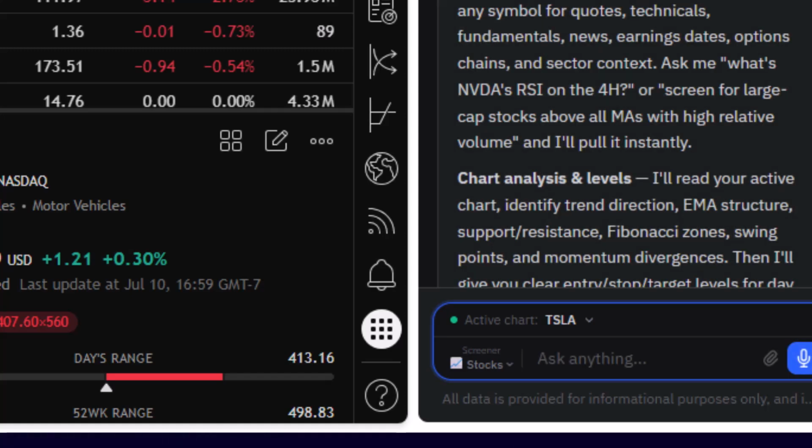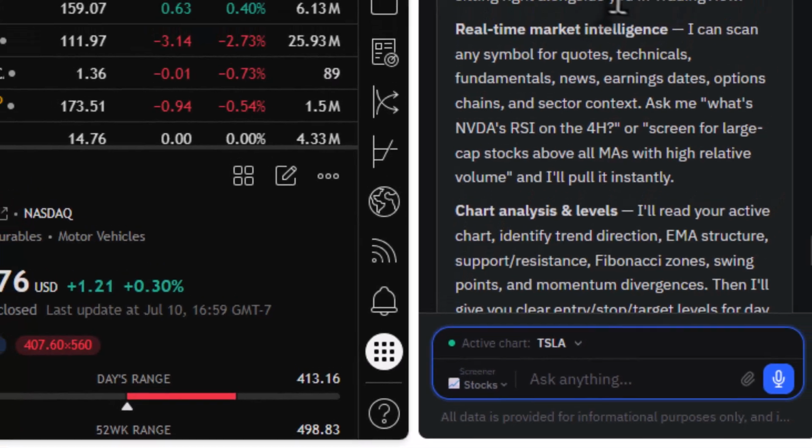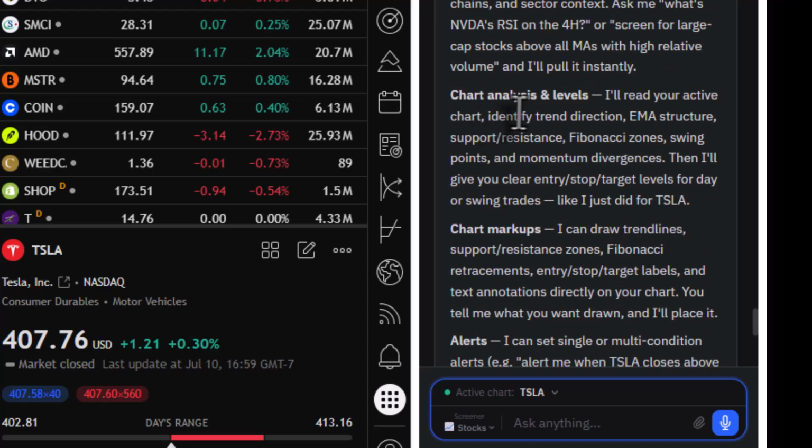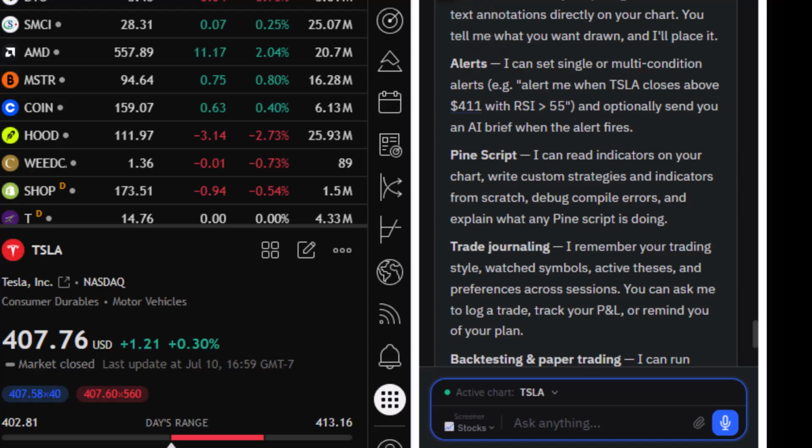Think of me as an AI trading analyst and chart assistant, and all the way it does real-time market intelligence, chart analysis and levels. Chart markup, so it does markup for you as well.